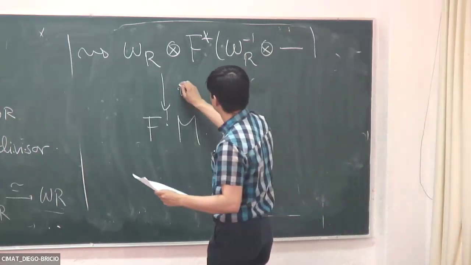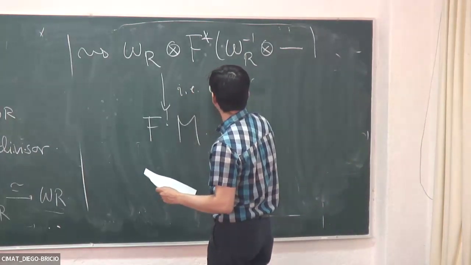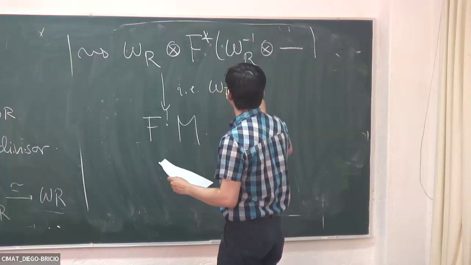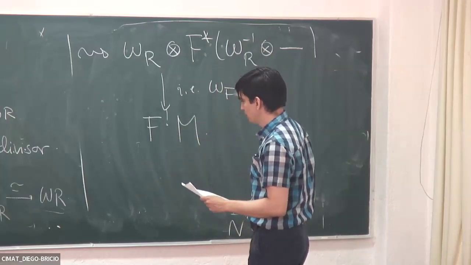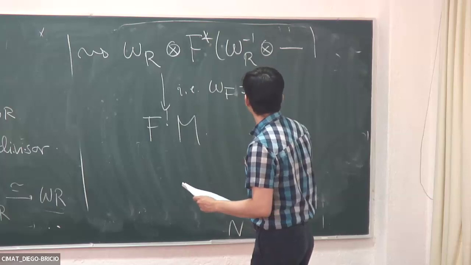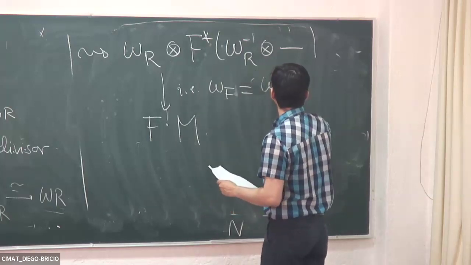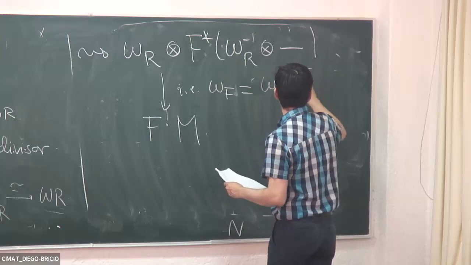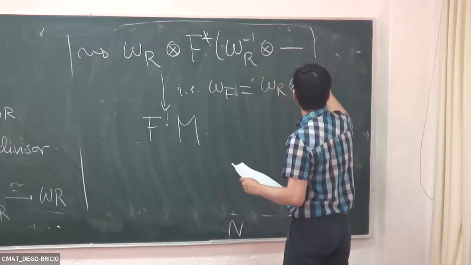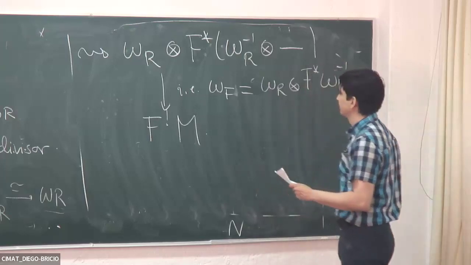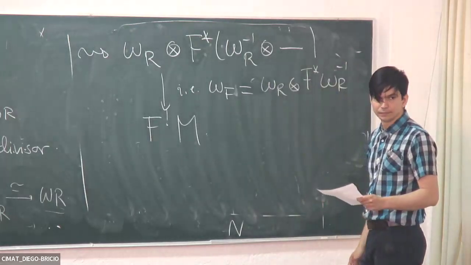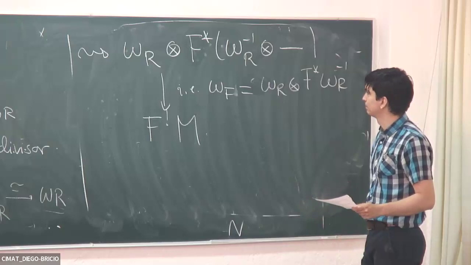Essentially, all I'm saying is that omega F equals, according to this, omega R tensor the pullback of omega R inverse. Okay, that's what I'm saying.